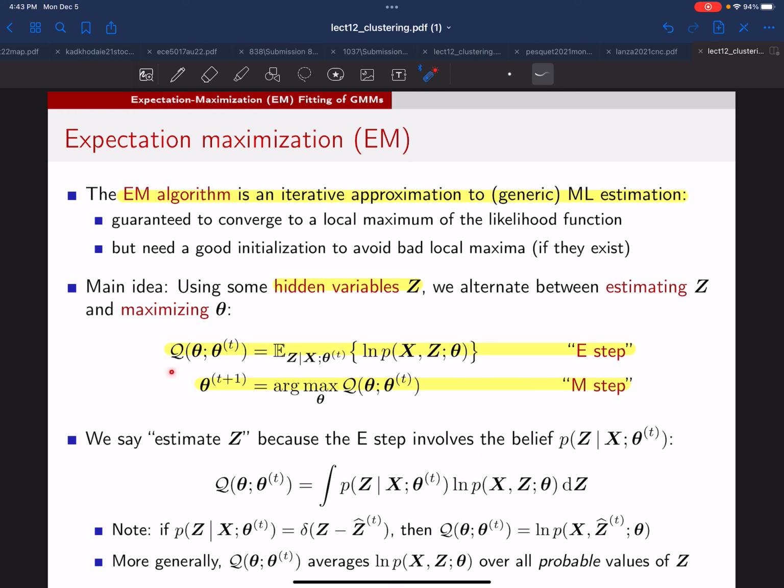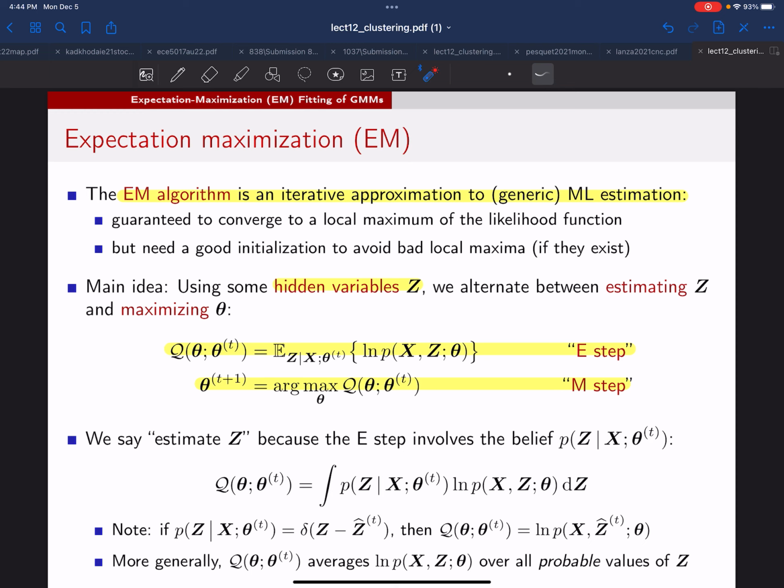And then when you come to this E step, here we see the guess being used, and here we have the free variable. So we don't want to confuse theta t and theta. They're very different. So this is going to be a function of theta that uses your guess of theta at iteration t.